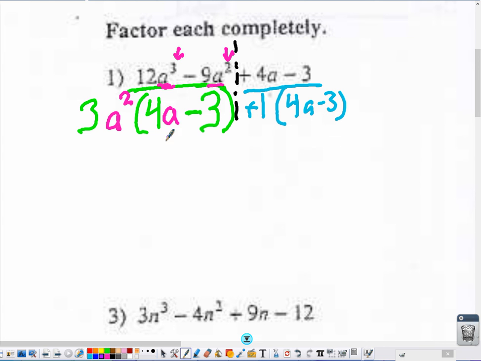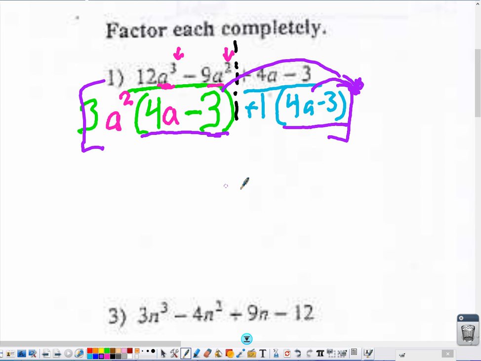What we have now is each of these groups has a 4A minus 3 in common. So just like I've done in previous questions, I'm going to remove that 4A minus 3 and put it outside a bigger set of parentheses.